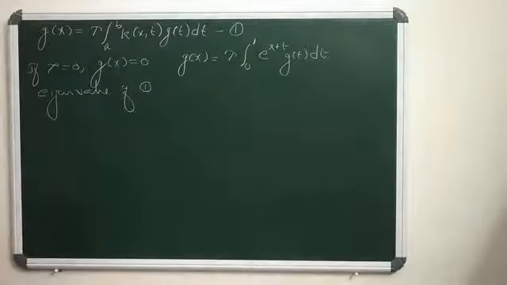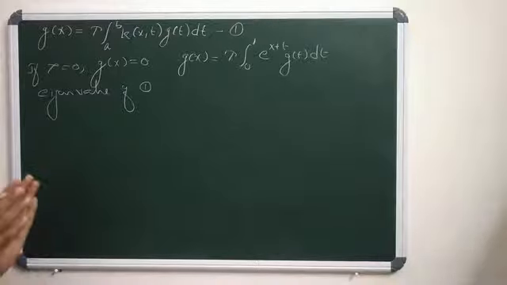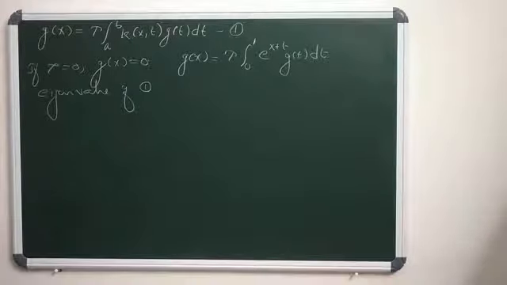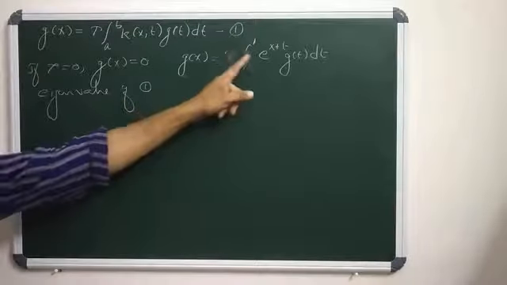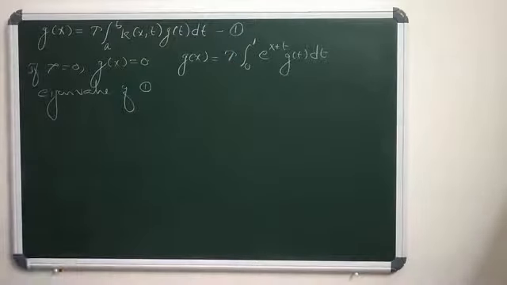This is a homogeneous Fredholm integral equation. Eigenvalue means the value of the parameter lambda which gives a non-zero solution. How do we find it?